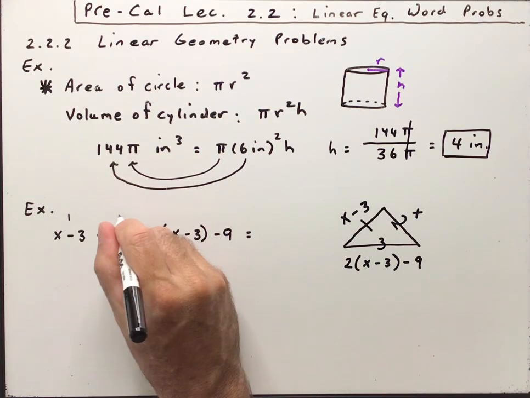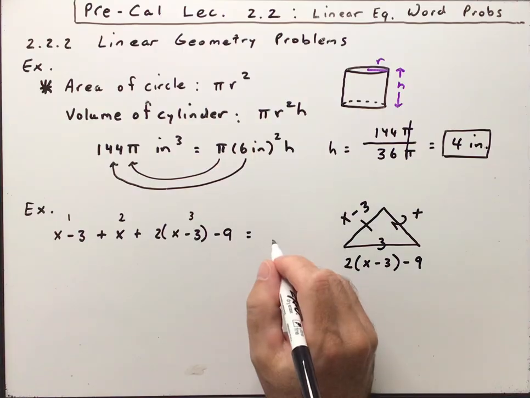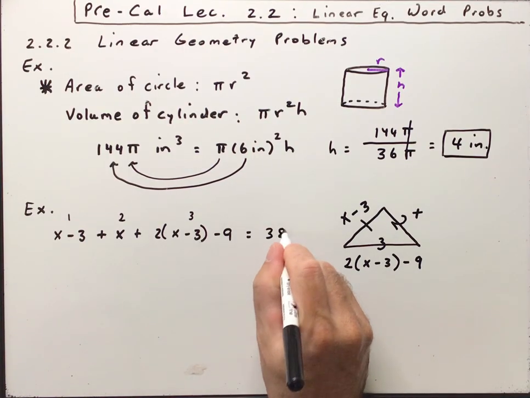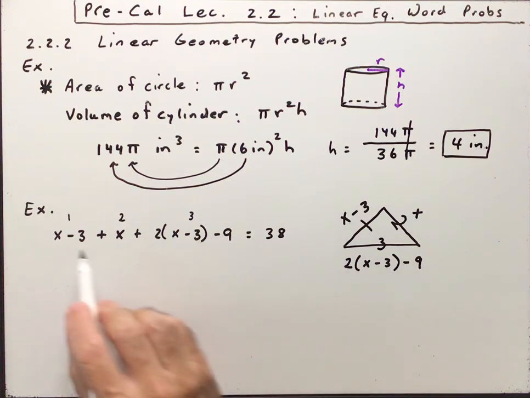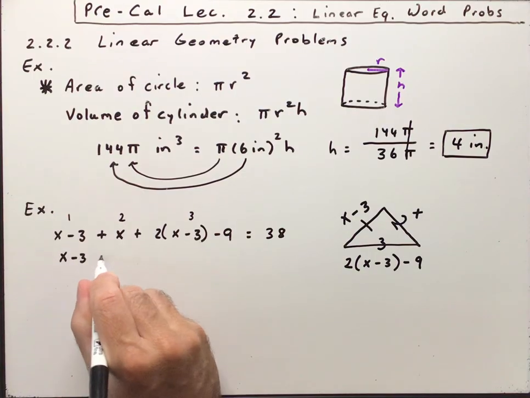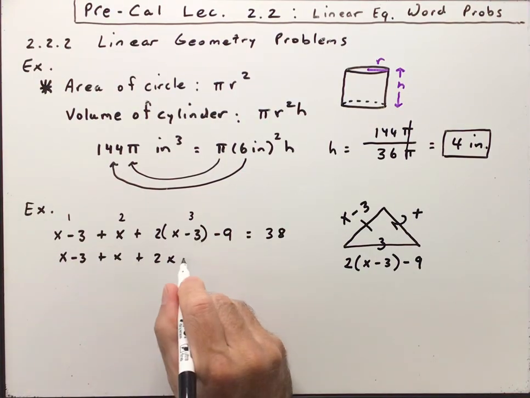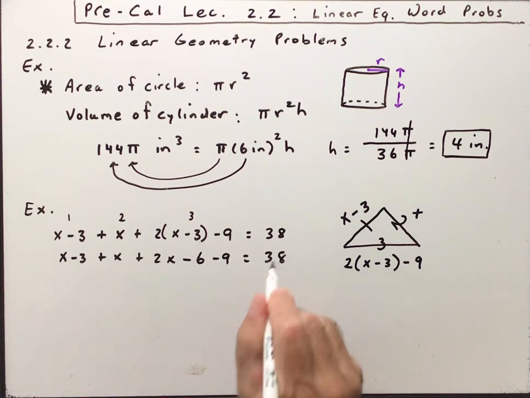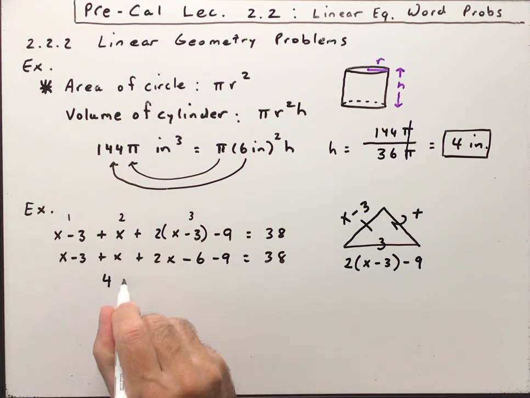Side 1, side 2, side 3 is equal to 38. And we want to find the length of the shortest side. Okay, so this would be x minus 3 plus x plus 2x, 2 times negative 3 minus 6 minus 9 is equal to 38. Add up all the x's, 1, 2, 3, 4, so we'd have 4x.